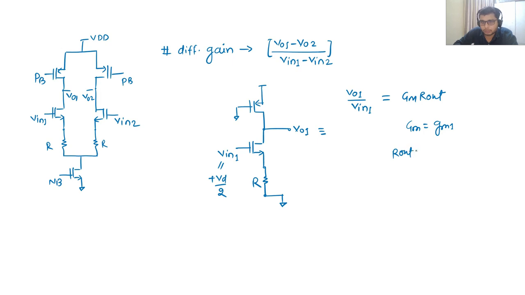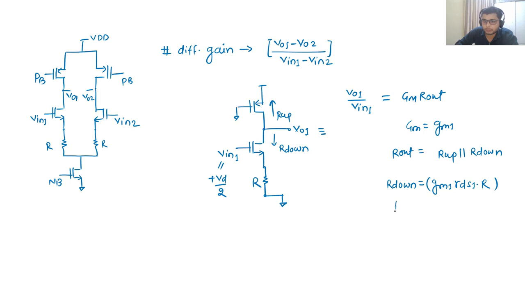And what is the R out? Your R out is this RDS, this is R up, this let's call R down. So your R out is nothing but R up parallel R down, and for this structure we know the R down. R down is nothing but GM1 RDS1 times R. Let's say this is an approximated resistor.